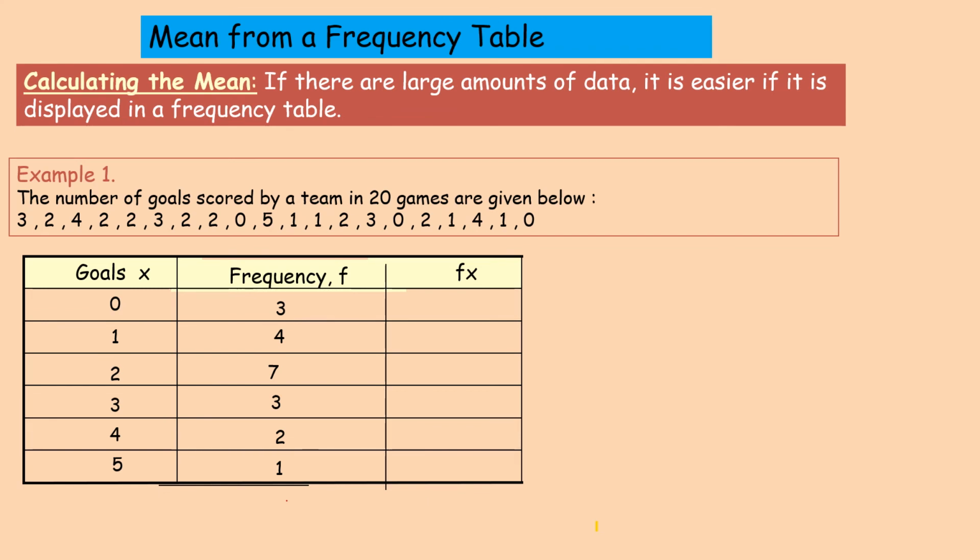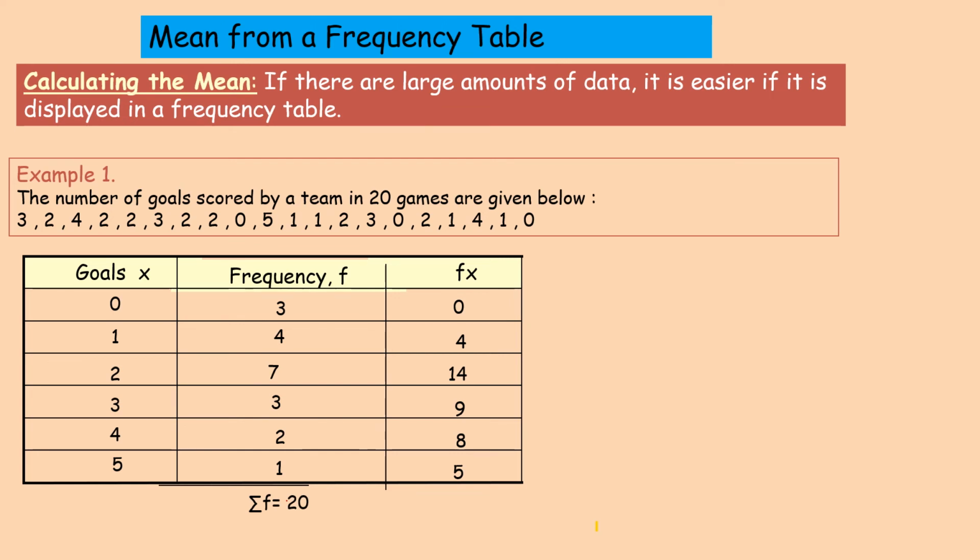Okay, so let's go through the answer. So the first step was to work out the total number of goals. So that's fx. So 0 times 3 would be 0, and so forth. The second step would have been to work out your total number of games. So that is your frequency.